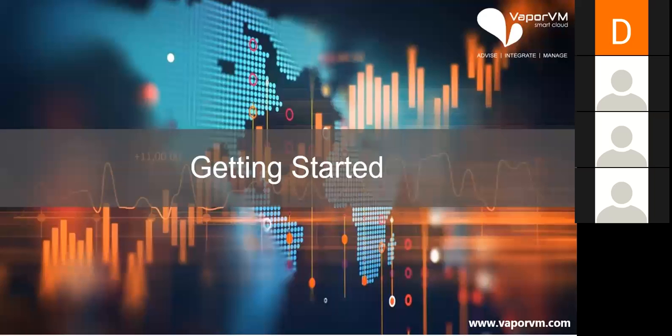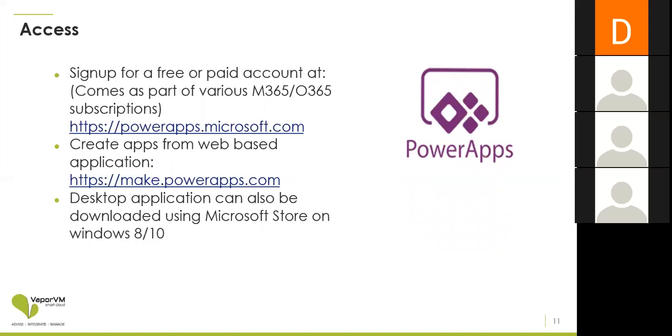Now to start with Power Apps, we can sign up to Power Apps using powerapps.microsoft.com and can create a free trial account for Power Apps, or we can also go with a paid version. Power Apps also comes with various Microsoft and Office 365 subscriptions like Office 365 E3, E5, and Microsoft 365 E3 and E5.